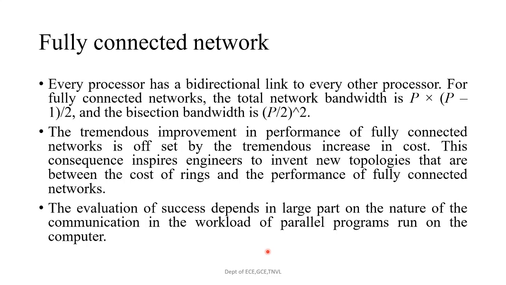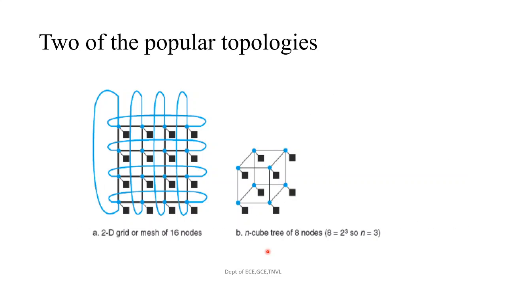There are a number of different topologies that have been discussed in publications which would be difficult to count, but only a few have been used in commercial parallel processors, and this illustrates one of the two popular topologies. The colored circle in this figure represents the switches and the black square represents the processor memory nodes.